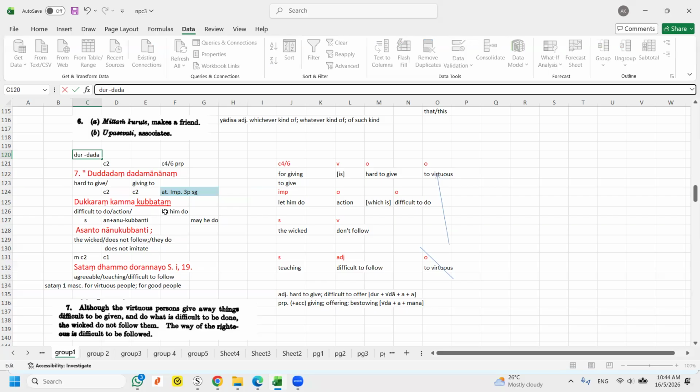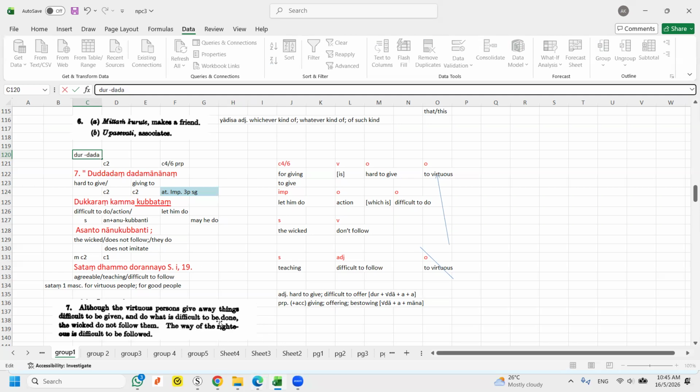Okay. So now this word, either you take let him do or may he do. So let him do. Can you see the word here, karma? The karma. Technically, this should be the object. So if it is the object, normally it should be kamang. However, I don't know why this one doesn't have a case ending. That's why I say a lot of things are very difficult.